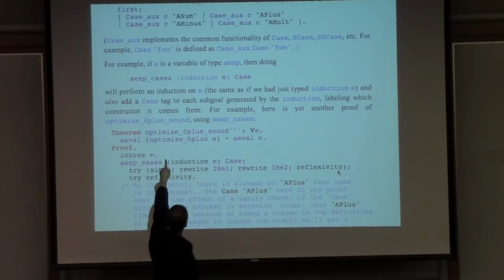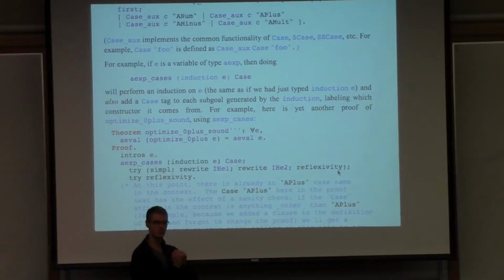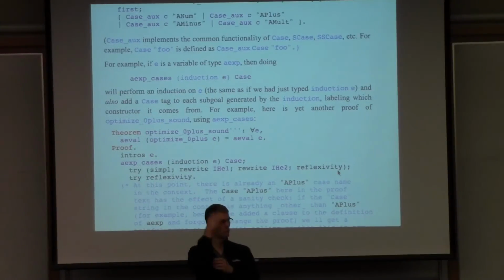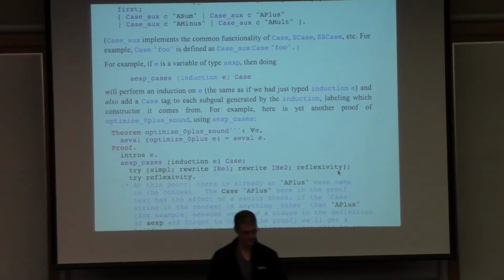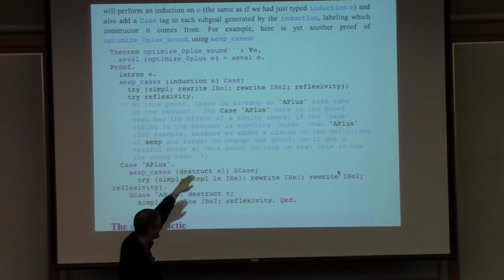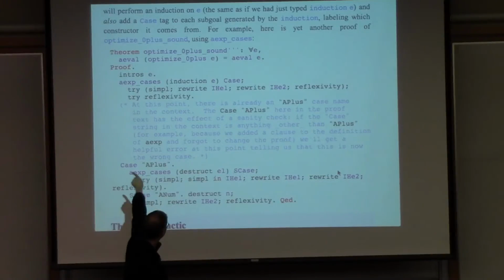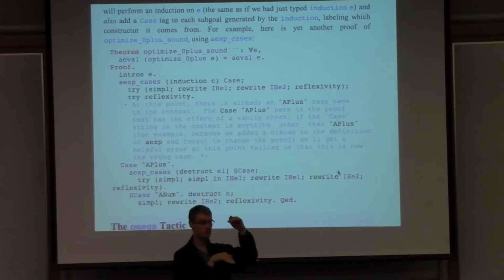So, for instance, I can do AEXP cases, induction E case, and what that will do is leave me with 4 subgoals, one for each of the cases of AEXP, but each of those subgoals will be labeled in the way that the case tactic labels things. Why is that good? It's good because I can do AEXP cases, induction E case, semicolon, and then a bunch of things that are going to knock out some of the cases, the easy ones. And what's going to be left are just a few cases.